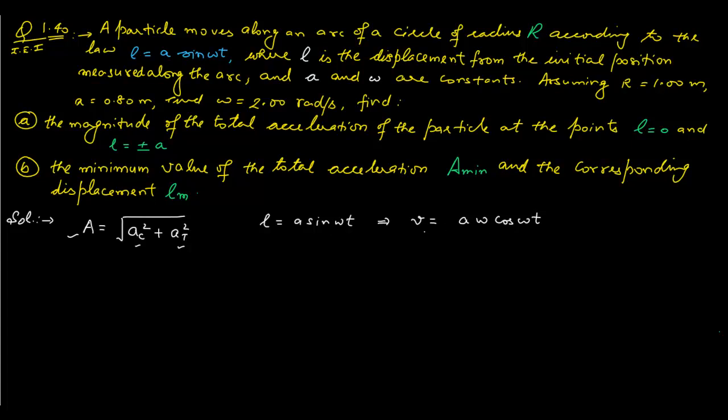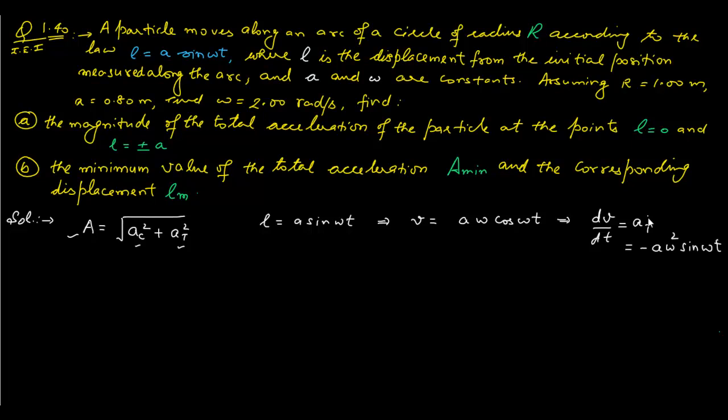Differentiating this equation for v, we get dv/dt, meaning the tangential acceleration, which is −a ω² sin ωt.